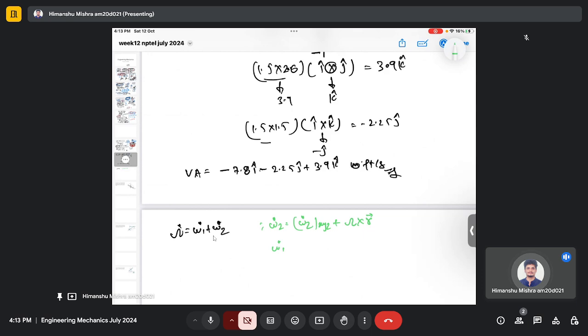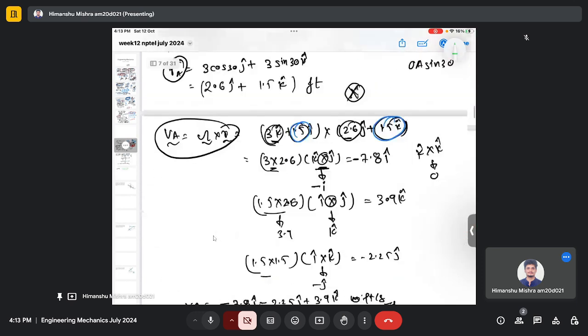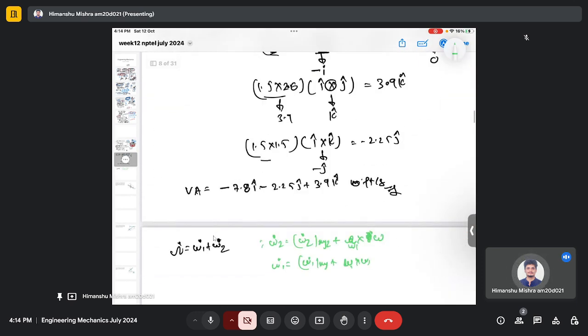And to calculate the omega 1 dot, it will be omega 1 dot in the moving frame. Sorry, it is omega cross omega 1. And this is omega 1, this is omega 2.